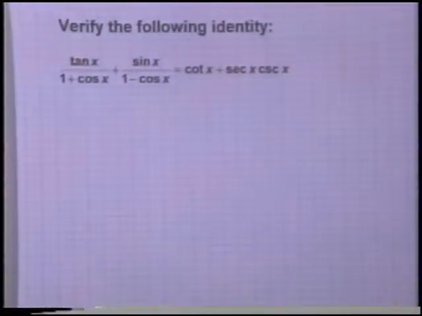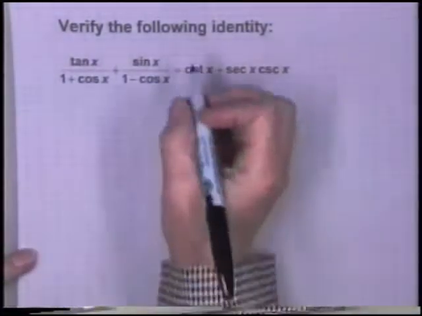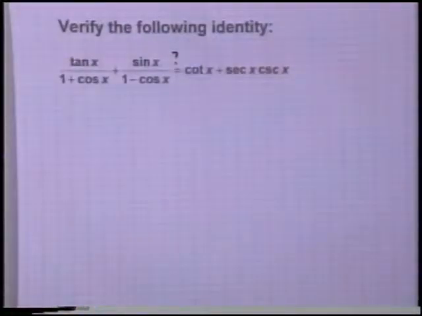Okay, well, let's take a look at this one. Verify the following identity. I have tangent x over 1 plus cosine x plus sine x over 1 minus cosine x. This is equal to cotangent x plus secant x times cosecant x, or at least I'm trying to show that it is.